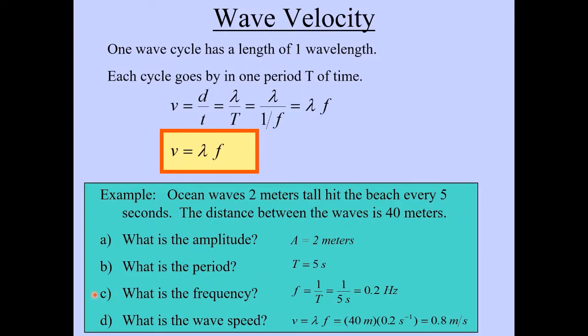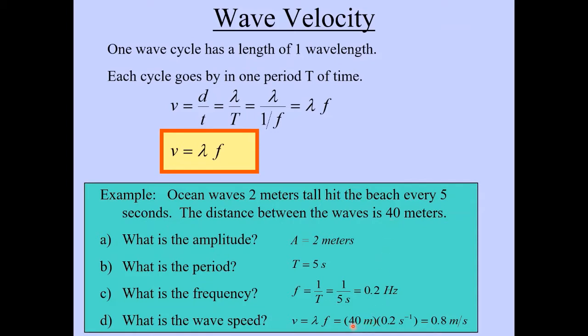What is the frequency? Well, remember the frequency of a wave is equal to 1 over the period. So it's 1 over 5 seconds, which is 0.2 hertz. And finally, what is the wave speed? Well, wave speed, v, is equal to lambda f. So lambda is the wavelength, the distance between two peaks of ocean waves, which is 40 meters.